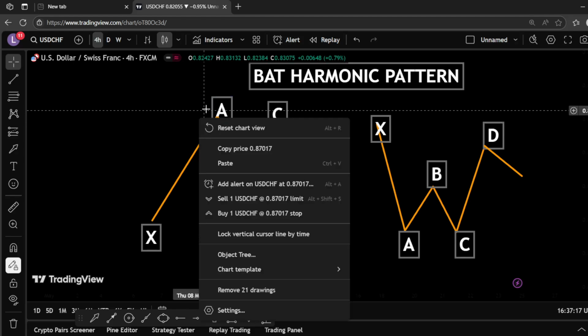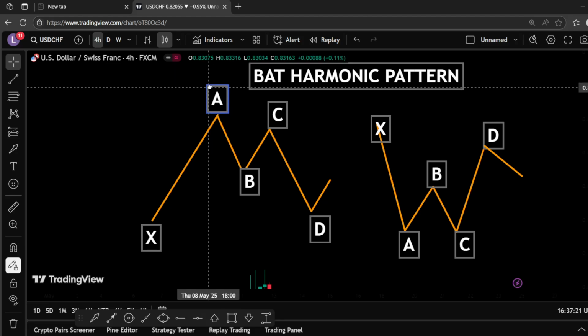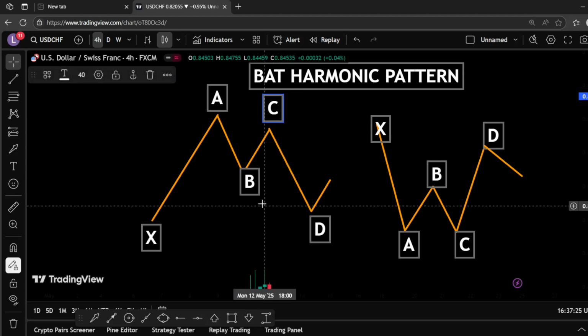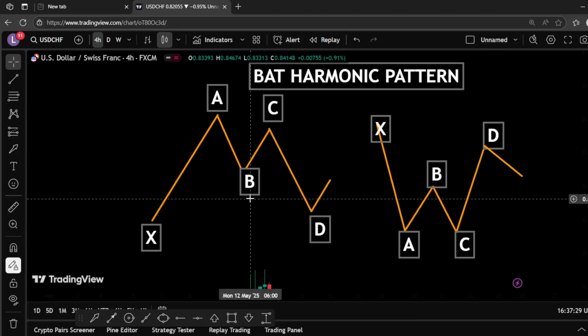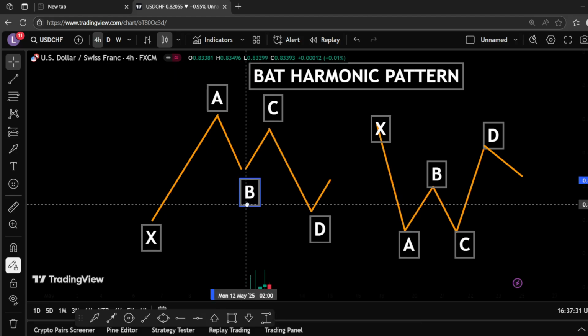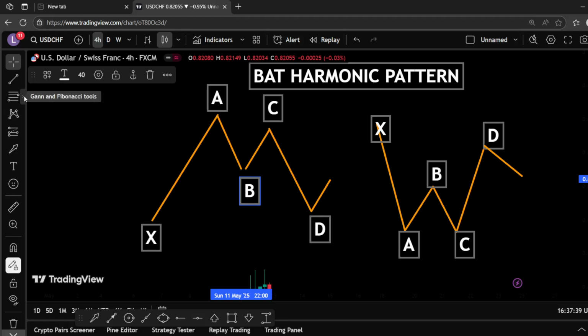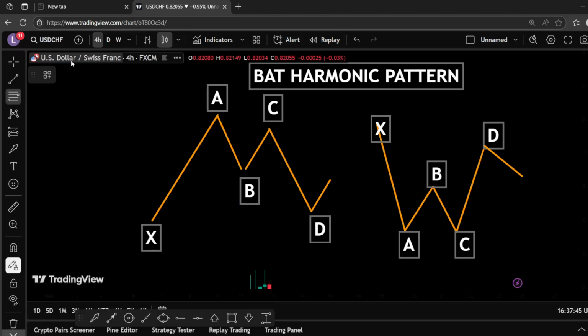Once that leg has been identified, you take a fib retracement and measure. As you can see, I've marked the X, A, B, C, and D legs.